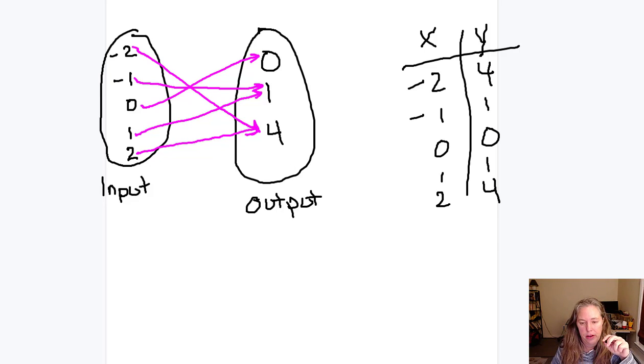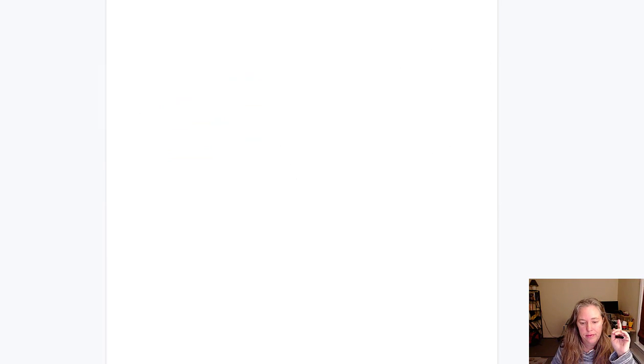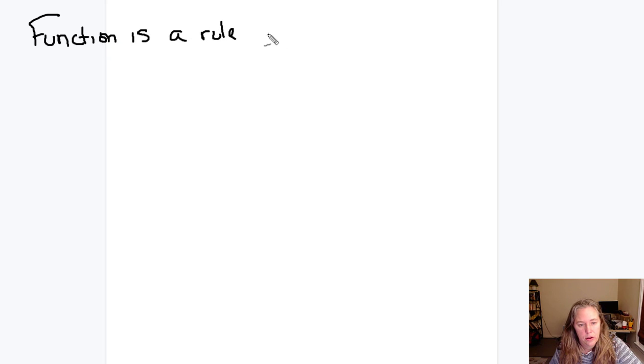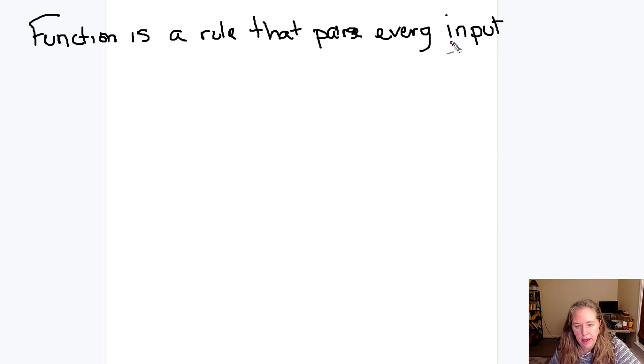Okay, here's the definition of a function. A function is a rule that pairs every input. And remember, there's a lot of vocab with that.